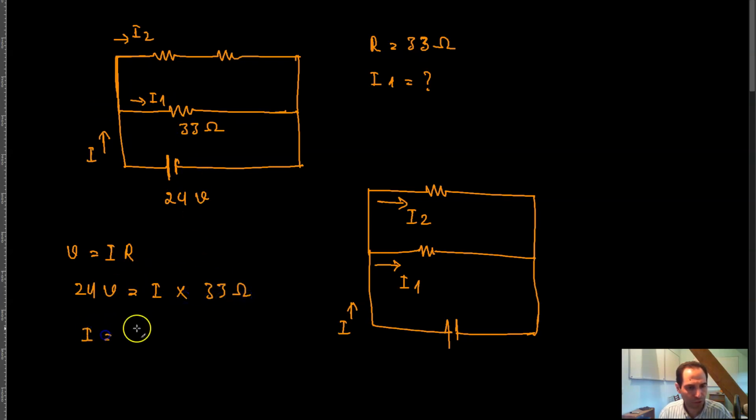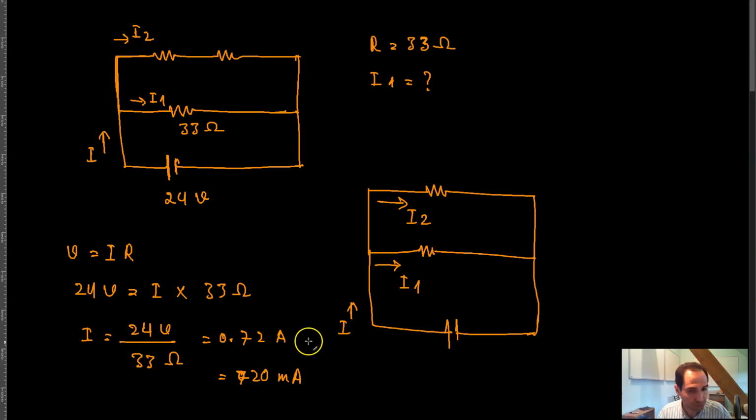So I is equal to 24 volt divided by 33 ohm, which is the same thing as 0.72, for example, 0.72 amps, which is the same thing as 720 milliamps, right?